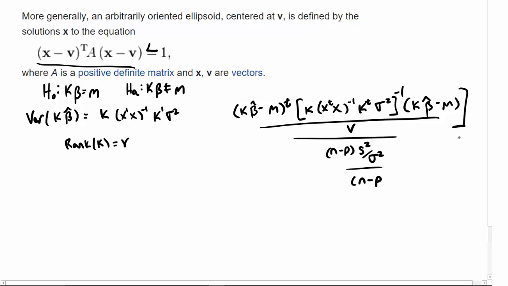This part is a chi-squared with v degrees of freedom. This part is an independent chi-squared with n − p degrees of freedom.